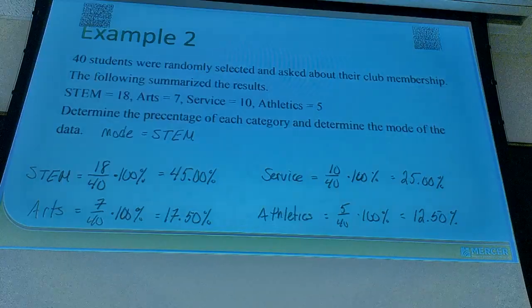So it depends on how the question is being asked. If it's asking you to list all of your clubs, you may actually wind up with your frequency adding up to greater than the number that you actually asked.